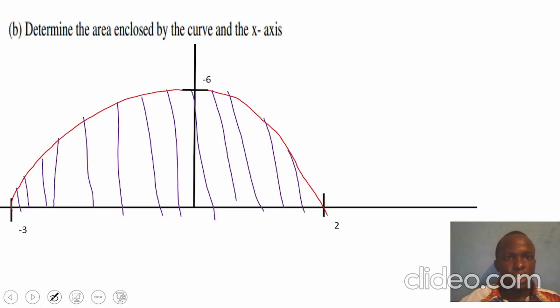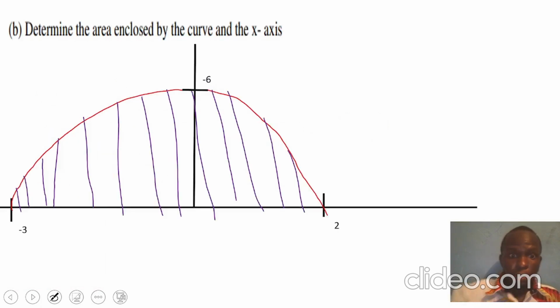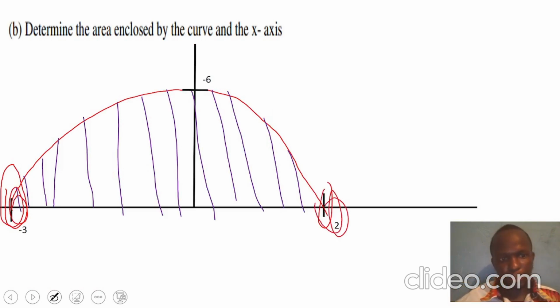Determine the area enclosed by the curve and the x-axis. So this is the graph. We have already gotten the limits of integration as minus 3 and 2. The points where the curve cuts the x-axis are the limits of integration.